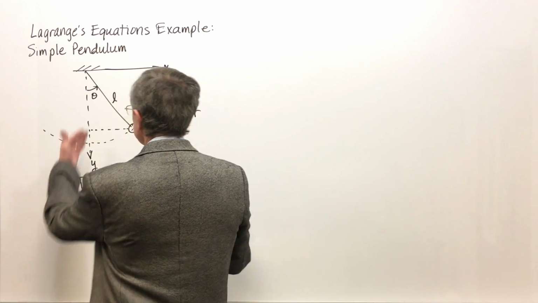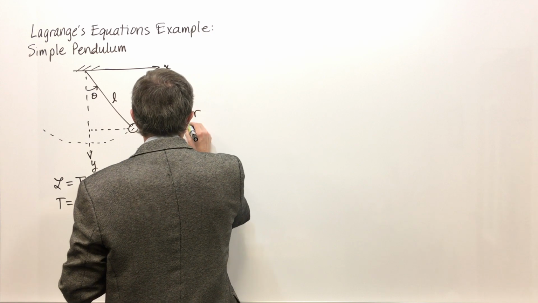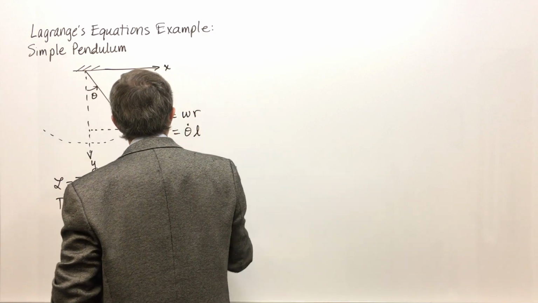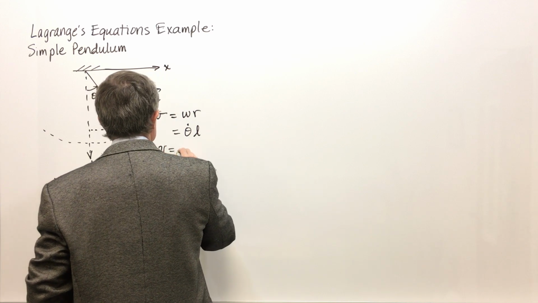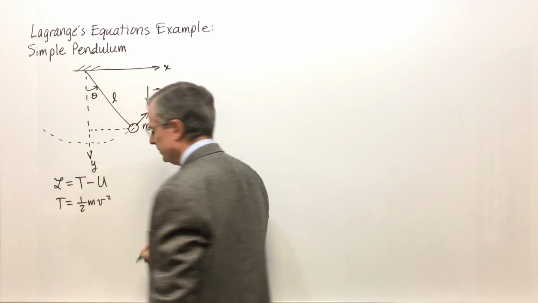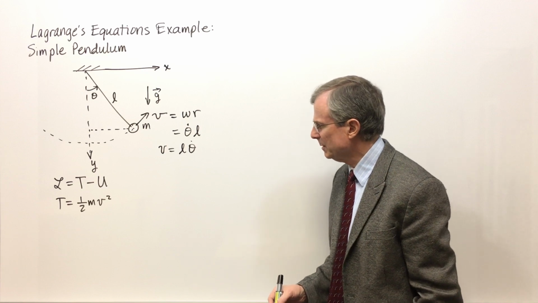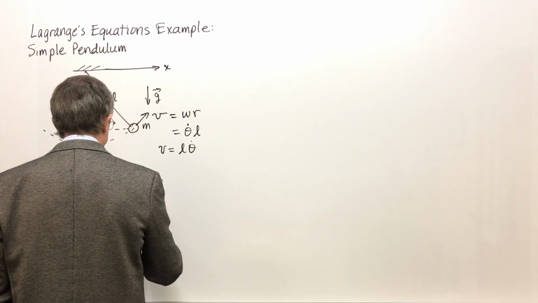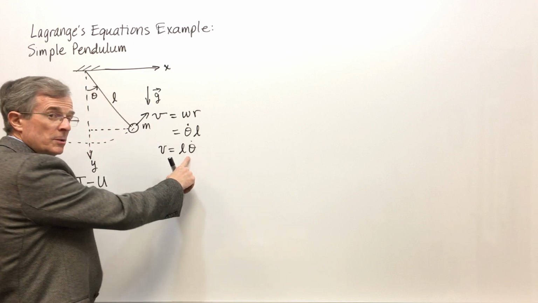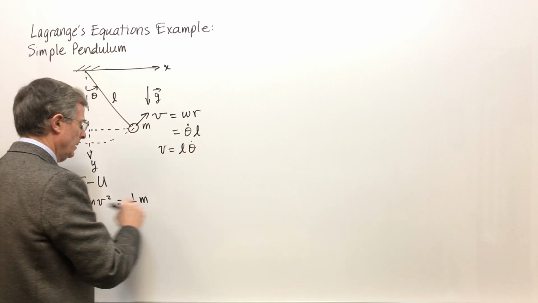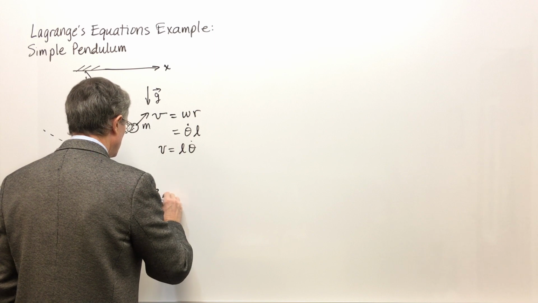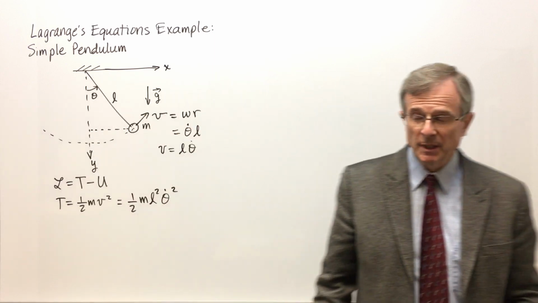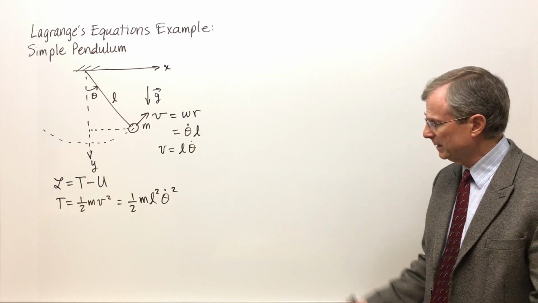In this case, omega is going to be theta dot, and r, the radius, is going to be L. So V, the speed, is L theta dot. V equals r omega, something we've seen before. Substituting this into the kinetic energy gives the kinetic energy, and it's correct.